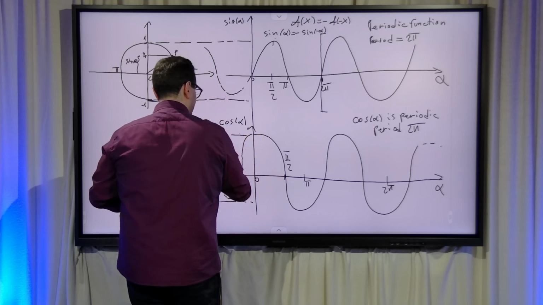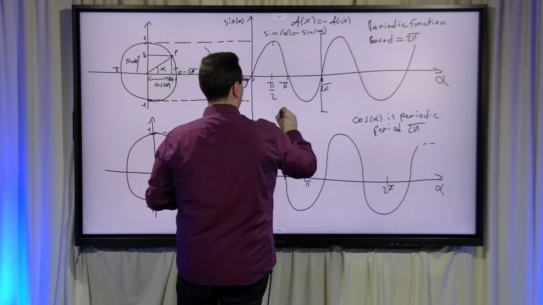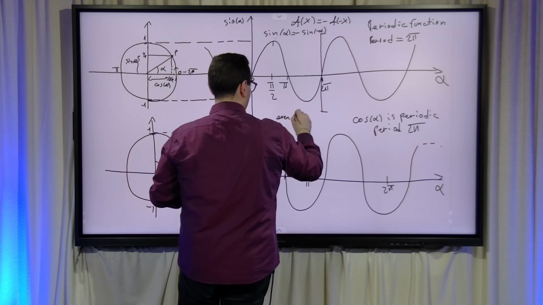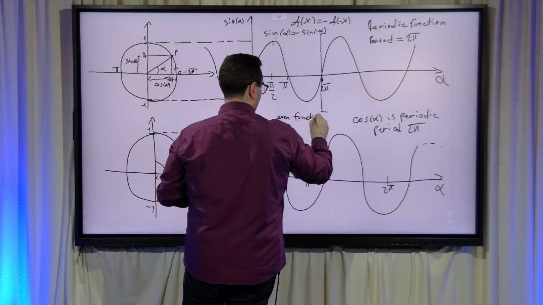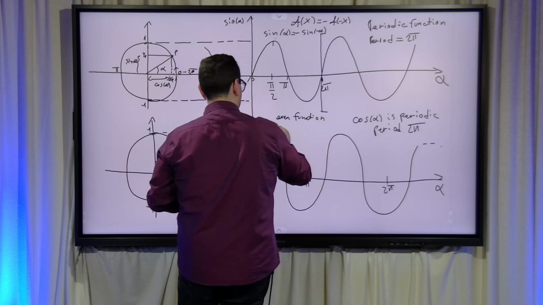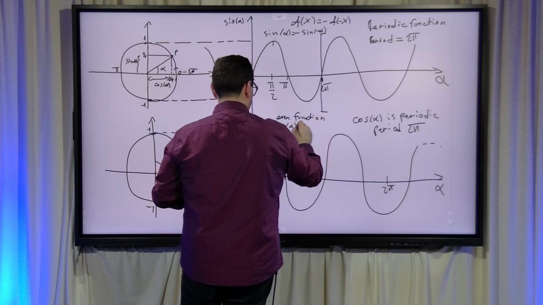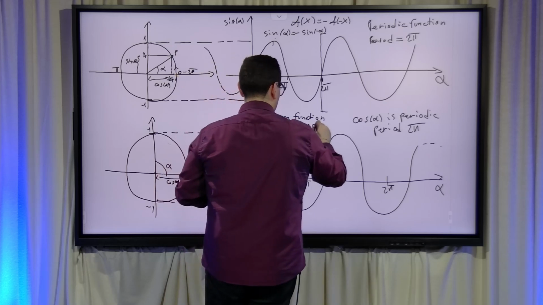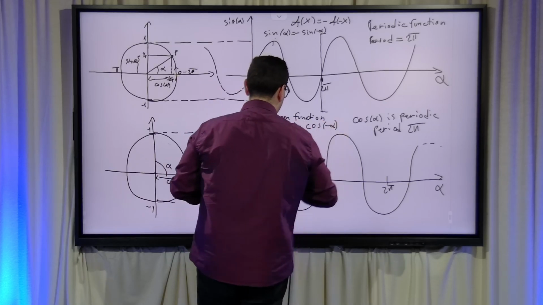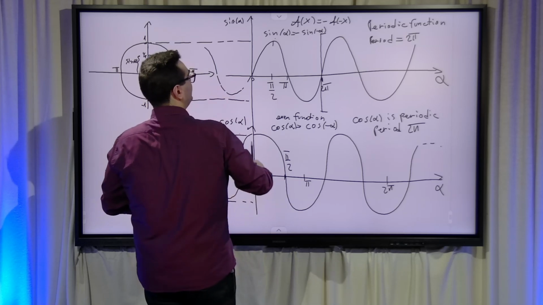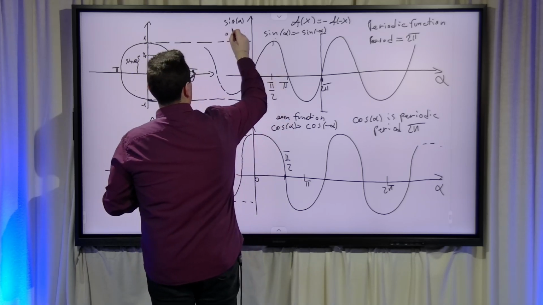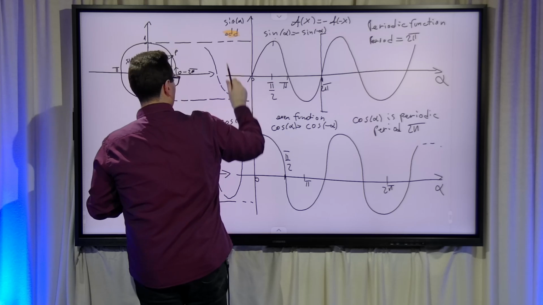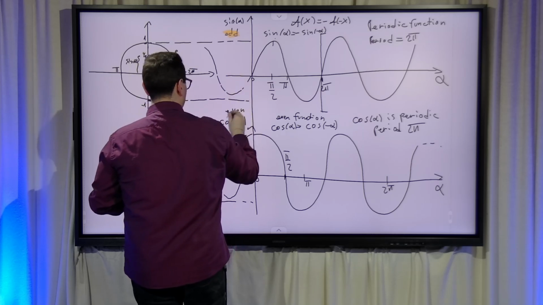The cosine instead is an even function. It means that the cosine of alpha is equal to the cosine of minus alpha. Okay, so this is odd and this is even.